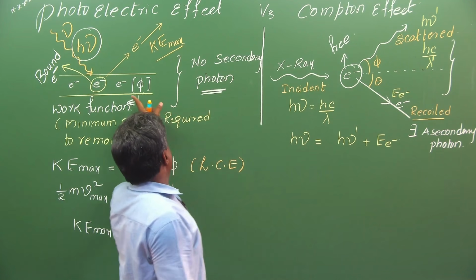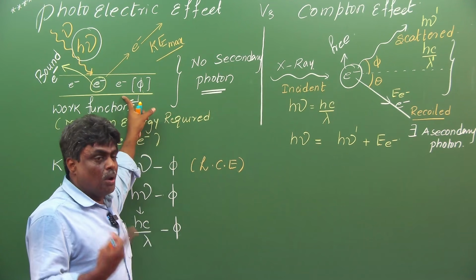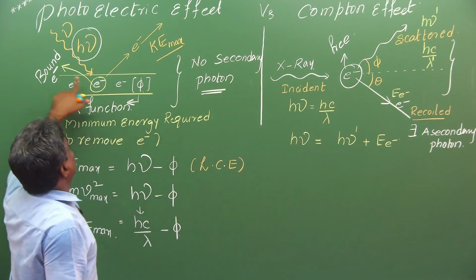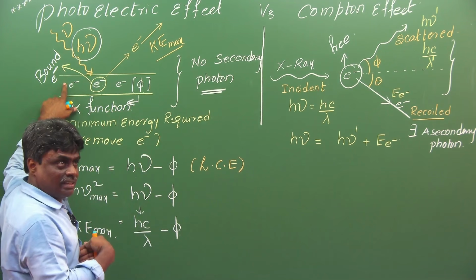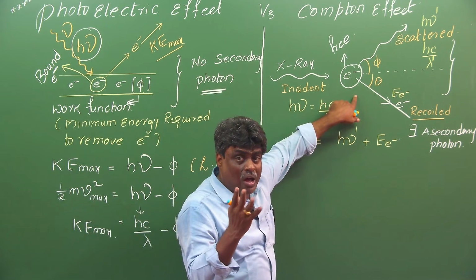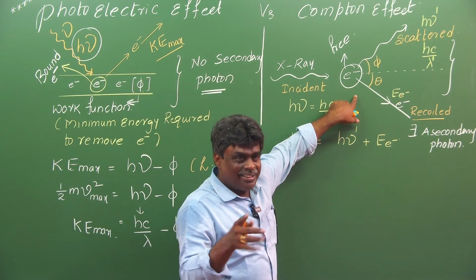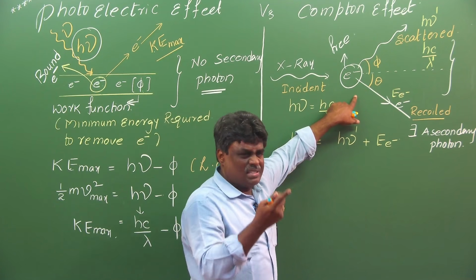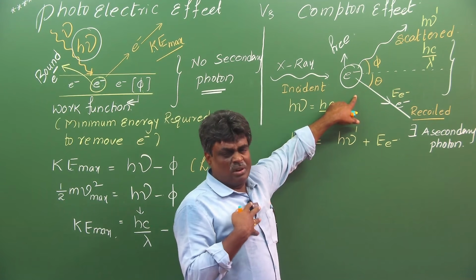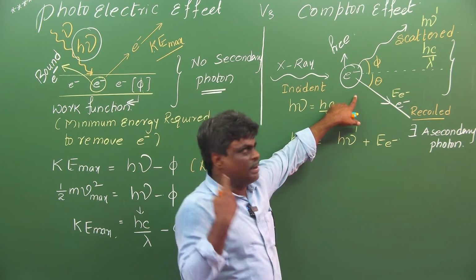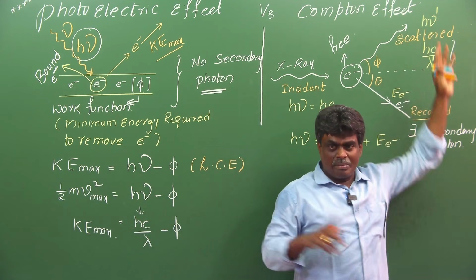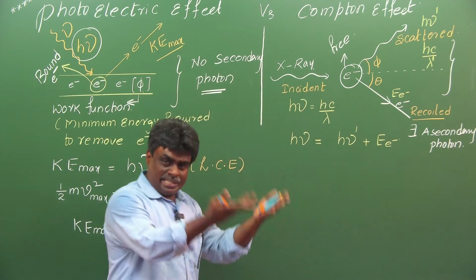And if it is absorbing the energy completely, it is a bound electron. So a bound electron can absorb the energy. A free electron cannot absorb the energy completely. You are sending some energy, it takes this much only, it doesn't want the remaining thing. The remaining part is emitted again. But this one is taking it completely.